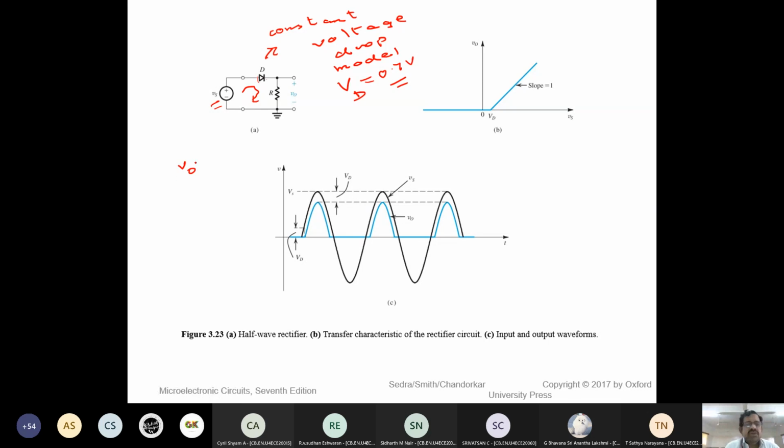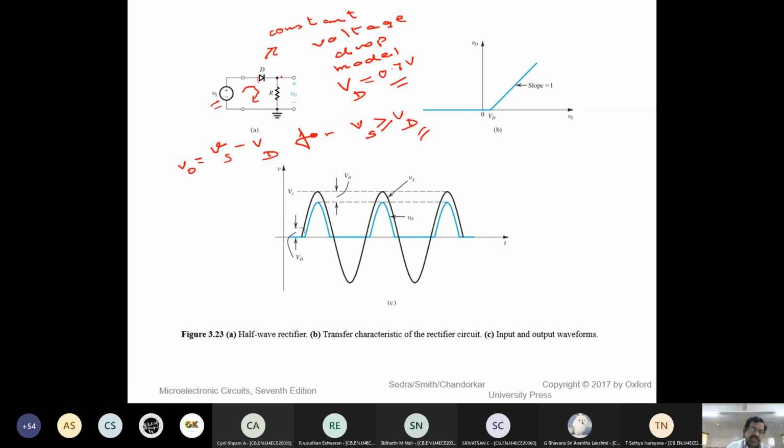So V out will be equal to Vs minus Vd, for Vs greater than or equal to Vd.